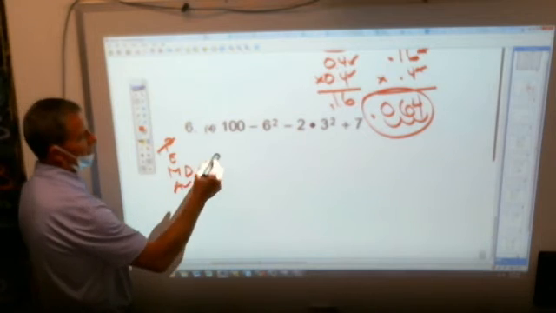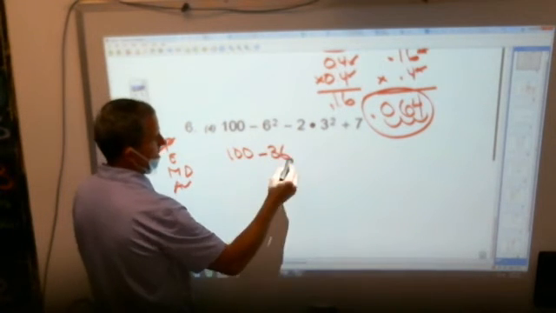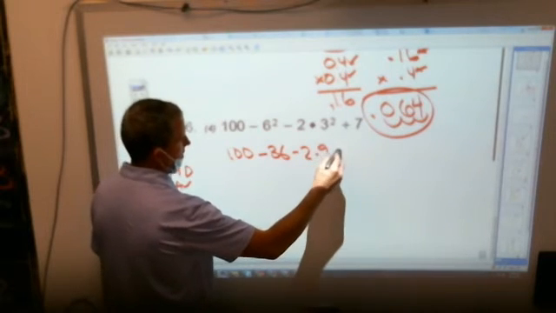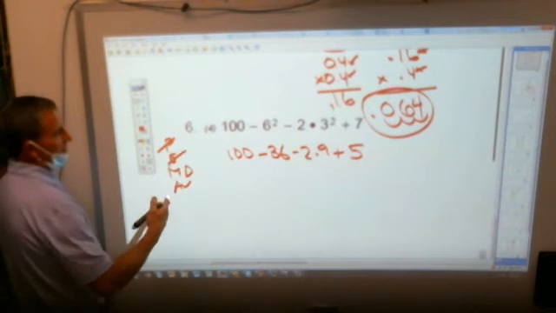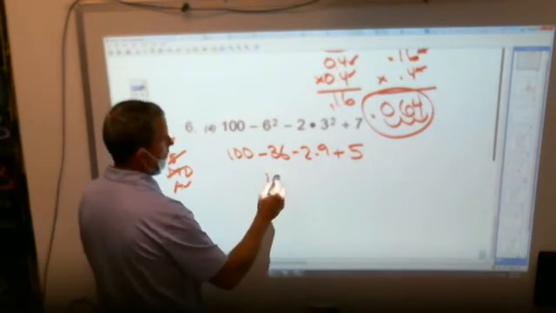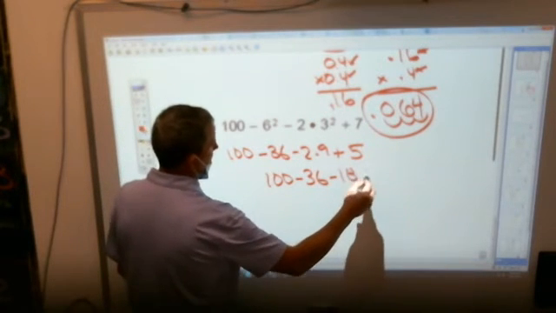Parentheses are done. Exponents would give you this: 100 minus 36, because that times that is that, minus 2 times 3 squared is 9, plus 7. Right, Jacob? Then you do multiplication and division from left to right. There's only one multiplication part, right there. So I have 100 minus 36 minus 18 plus 5.